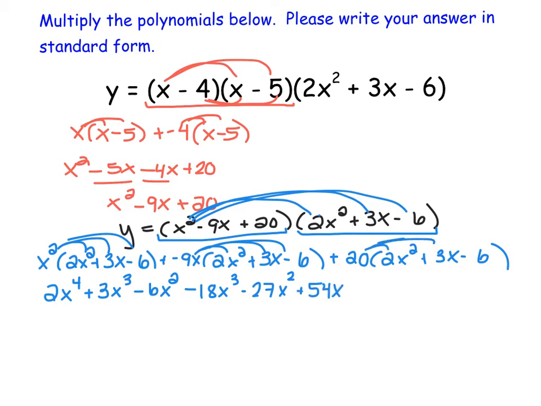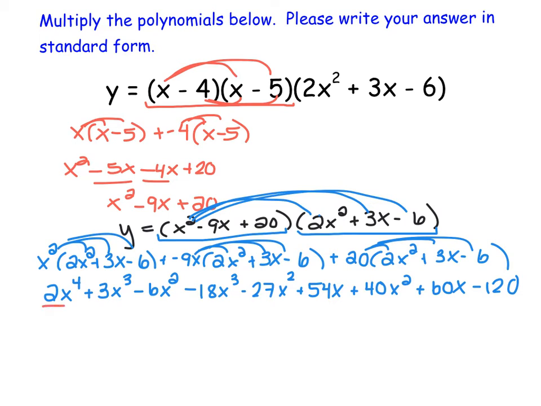And then we distribute that 20 as well, and we end up with 40x squared plus 60x minus 120. So we've multiplied everything out here, and now all that's left to do is combine like terms.